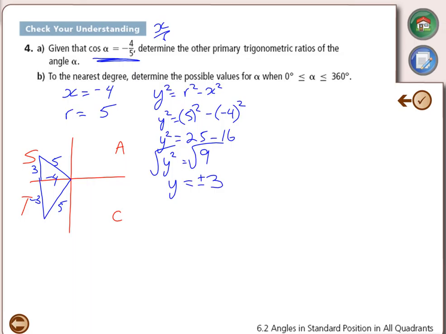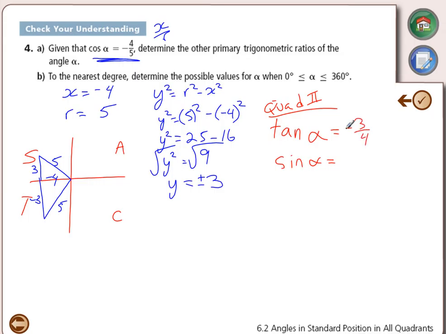We've already got cosine, so we just need the tan of our first one in quadrant 2. We've got tan of alpha. They changed it up. It's not theta this time. Oh, and we also got the sine of alpha. Tan is y over x, so we've got negative 3 over 4.